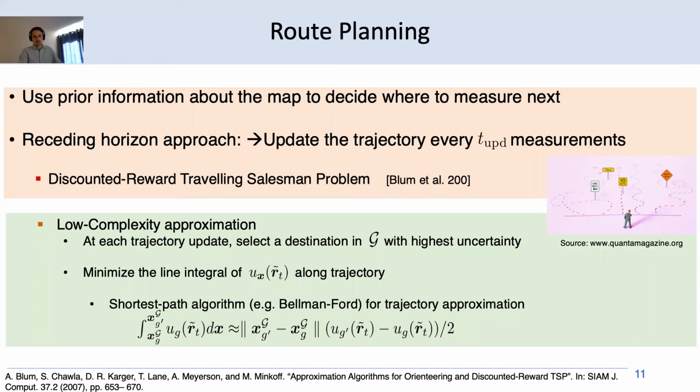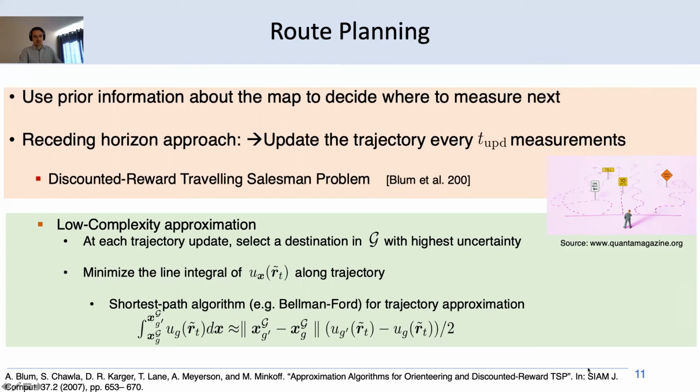Still, the traveling salesman problem is NP-hard, so one needs to resort to heuristics. In this paper, we consider an approach where the UAV navigates to the location of highest uncertainty and collects measurements all the way to that destination.